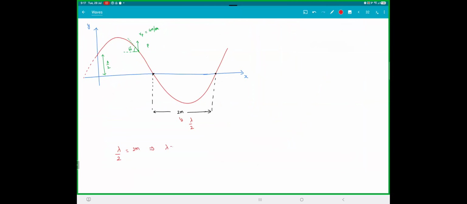From here I got lambda, which is 4. From here I got the value of k, 2 pi by lambda, which is pi by 2. So k is done.